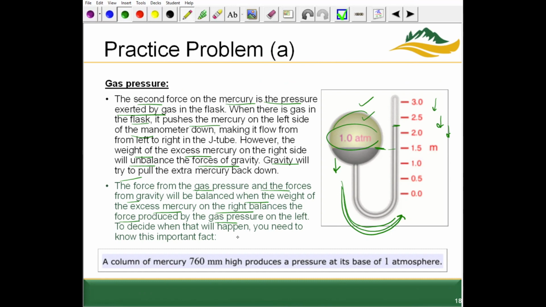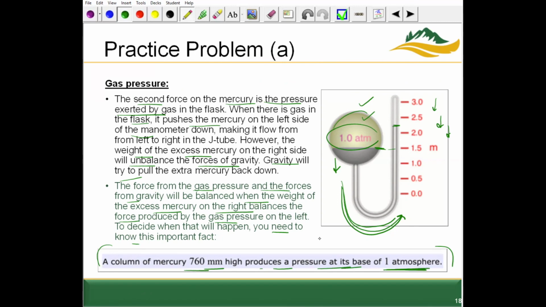It's hard to know when this is going to happen without this important fact here. So we need to know that a column of mercury 760 millimeters high produces a pressure at its base of 1 atmosphere.